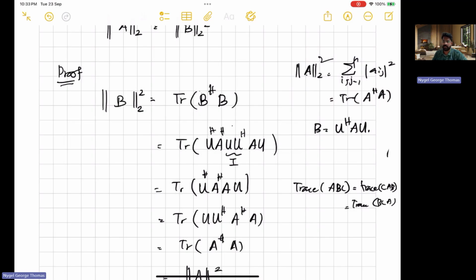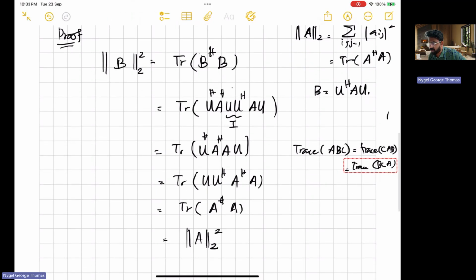We can cyclically rotate the trace. So if you cyclically rotate, U comes here. So this is U into U Hermitian, which is again equal to I. This is the trace of A Hermitian A, which is the Frobenius norm of A squared.